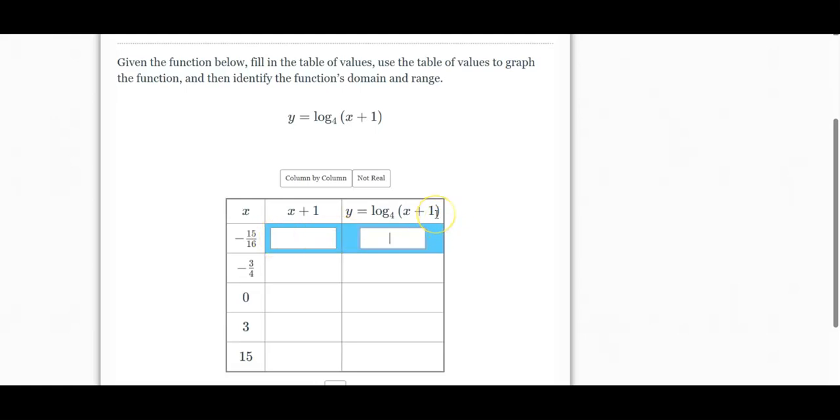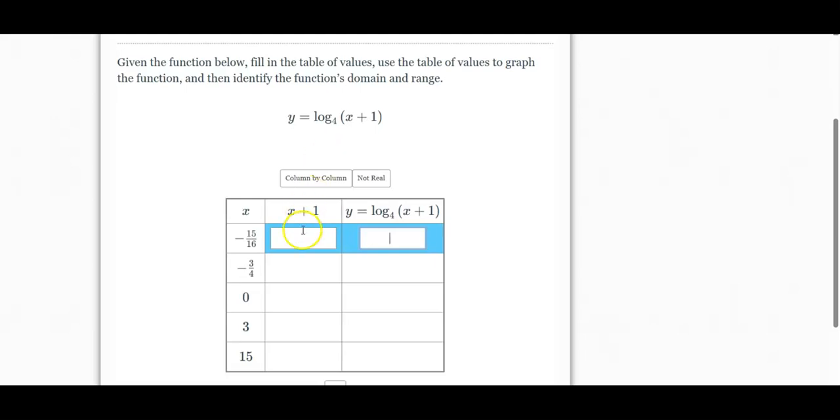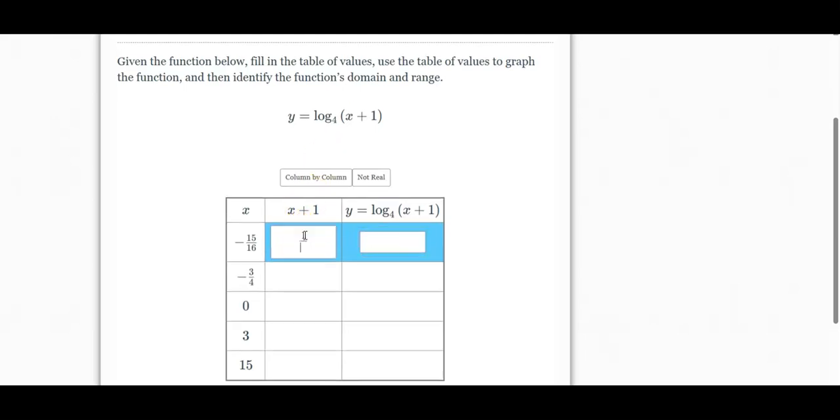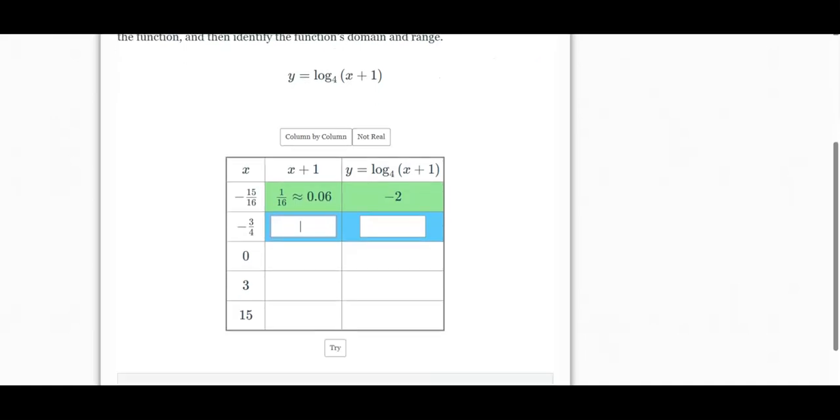When I add 1 to that, it would be 1/16, because you would have already figured out that part. I need to add some parentheses. And so that value is negative 2. So when I go to Delta Math, I would have figured out what this value is, and then you just keep going and filling out that table.